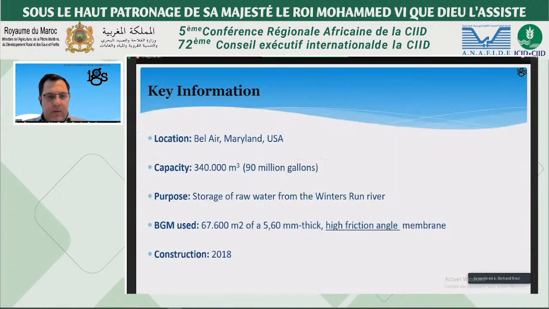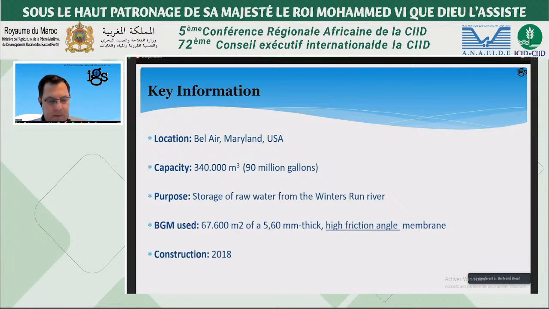And the last example is the Bellaire Reservoir in Maryland in the US. So the capacity is 340,000 cubic meters. The purpose is to store raw water from the Winters Run River and to feed treatment plant, water treatment plant for potable water.